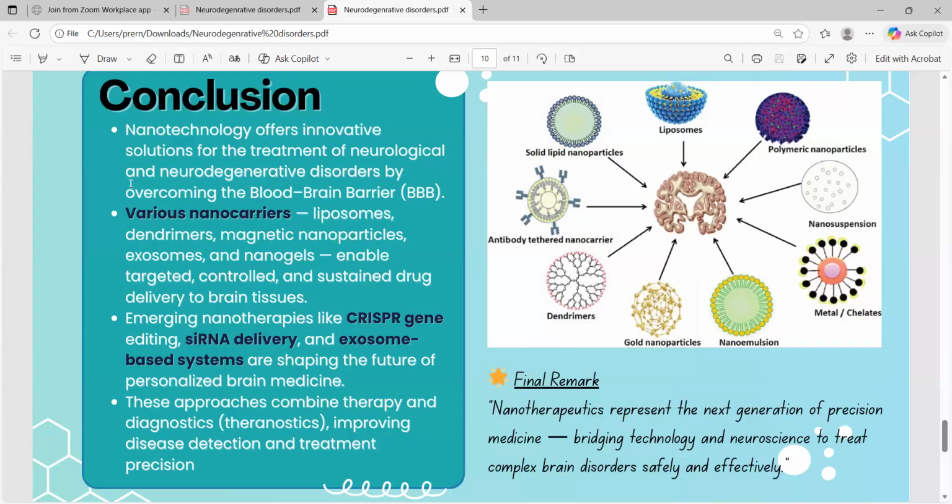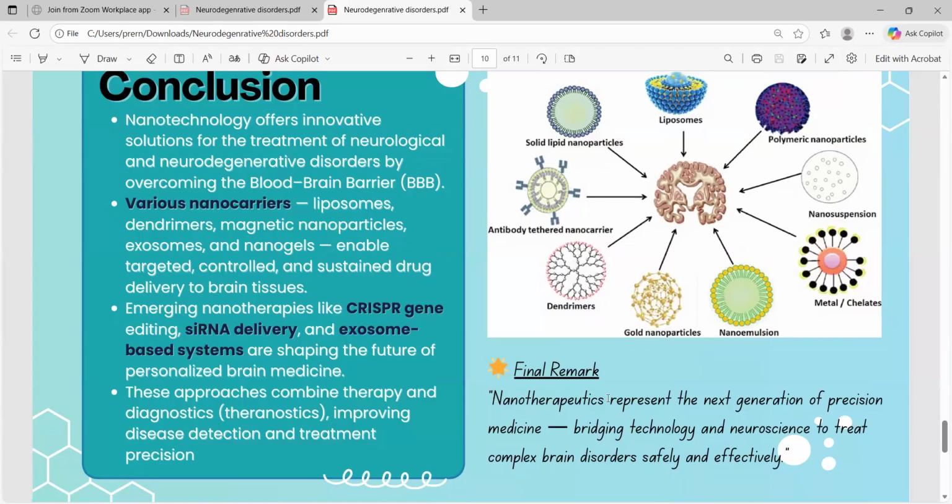These approaches combine therapy and diagnostics, improving disease detection and treatment precision. And the final remark is nanotherapeutics represent the next generation of medicines, bridging technology and neuroscience to treat complex brain disorders safely and effectively.